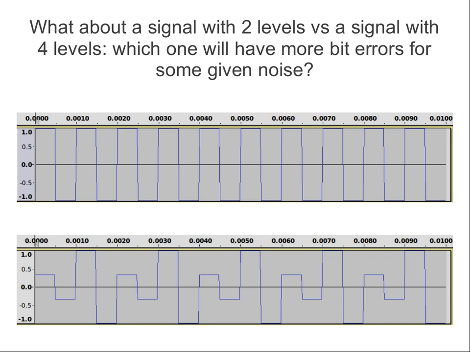Now, in the second scheme, we have 4 levels. How do I transmit my random 8 bits using those 4 levels? What can I do to transmit this sequence of bits, 1 0 1 0 0 0 1 1, using this new scheme, the diagram at the bottom, which has 4 levels?